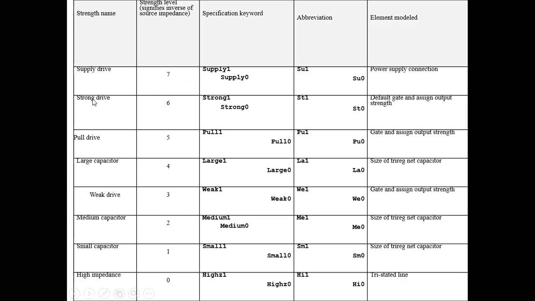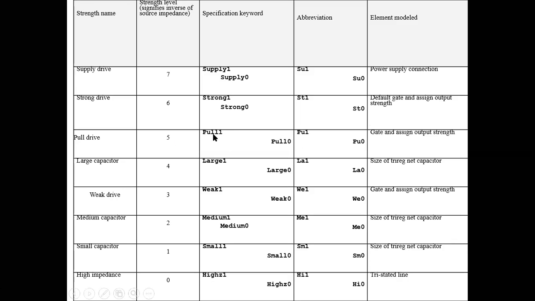So strong drive, it may be strong 1 or strong 0. These are the default gate and assign output strengths. Okay, it's a pull drive. Pull drive has a strength of 5 only. This is pull 1.